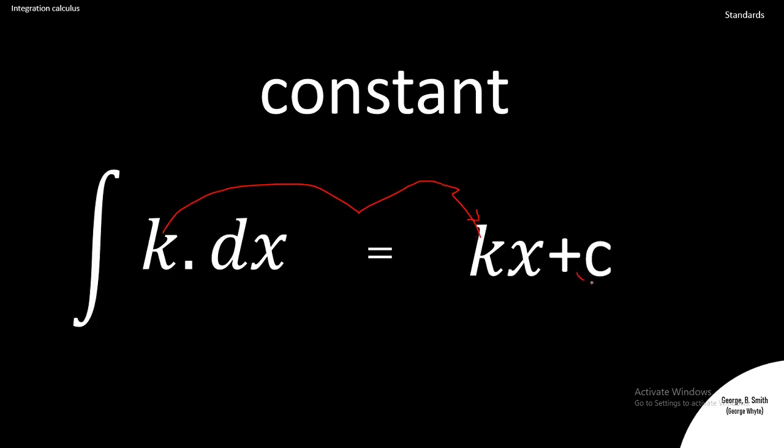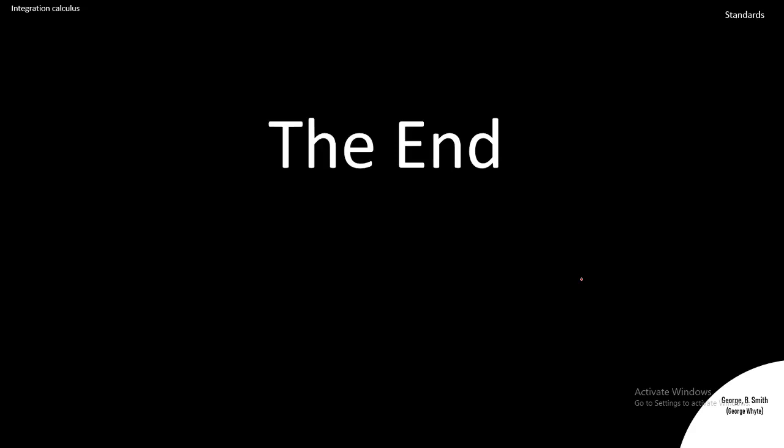Then we have a plus c, and if you recall, we said the c we have there is called the integral constant, and you can use anything to represent c. Okay, so these are some basic standards we have when it comes to integration.